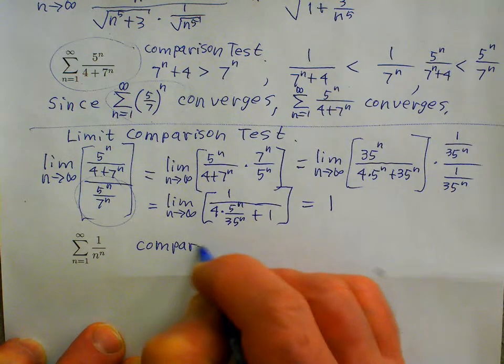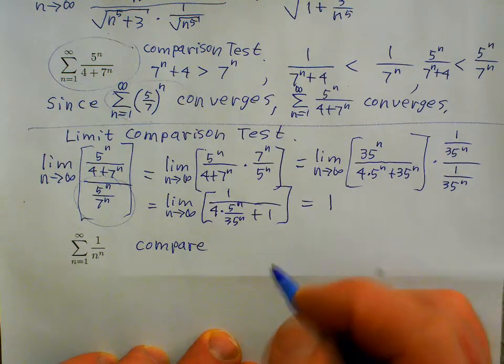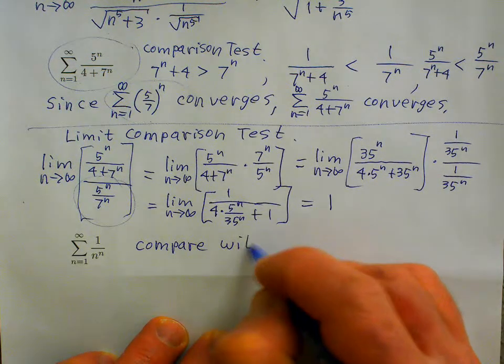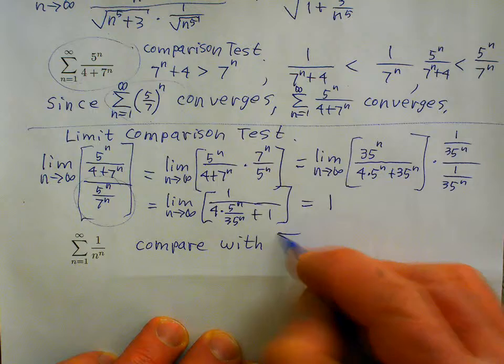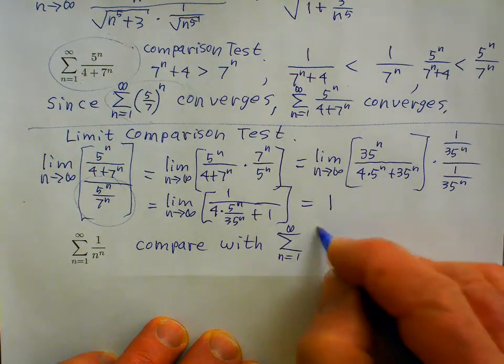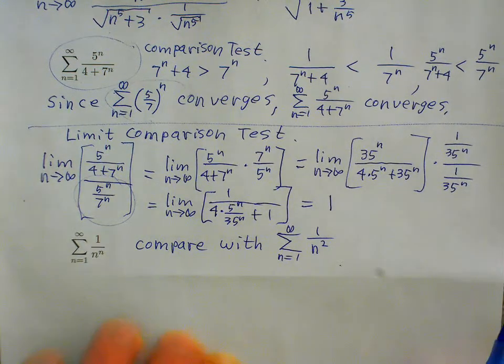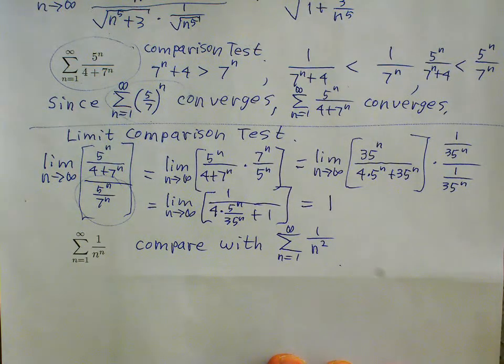So either using the comparison test or the limit comparison test will work, but we compare it with this series 1 over n to the second. So how do we justify comparing it with that?